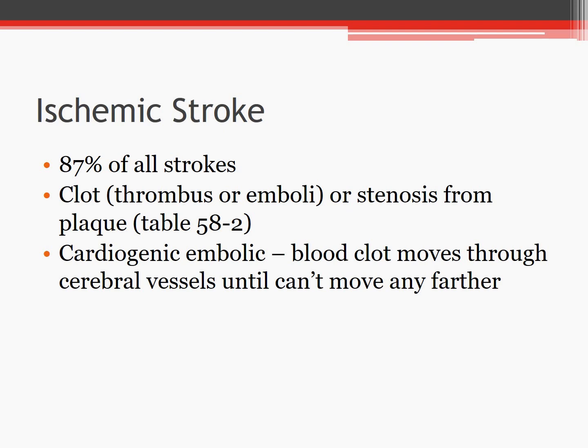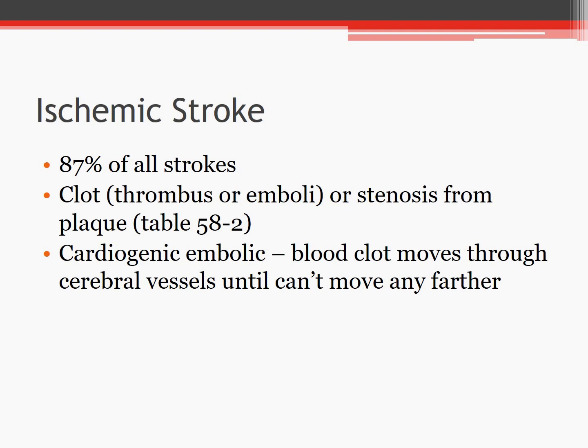Okay, so this brings us to the type of stroke that we're going to talk about, which is an ischemic stroke. An ischemic stroke, fortunately, is the most common type of stroke. And as I said previously, it can be caused by a thrombus or an emboli. And so an emboli, as I said previously, could be caused, for instance, by atrial fib.